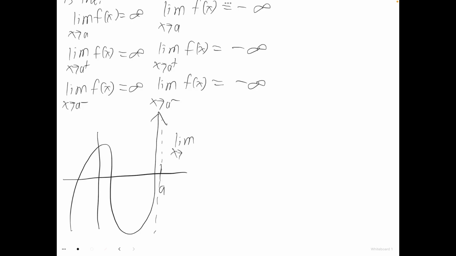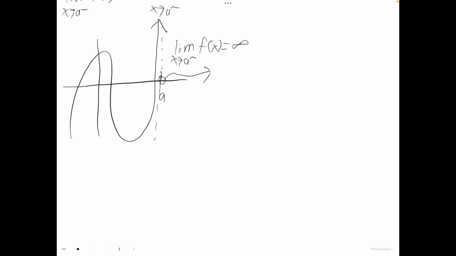Here we'd have the limit as x approaches a from the left of f of x equals infinity. And it could be doing who knows what from the right. Maybe the function does something totally normal on the right and it's not shooting off to infinity.